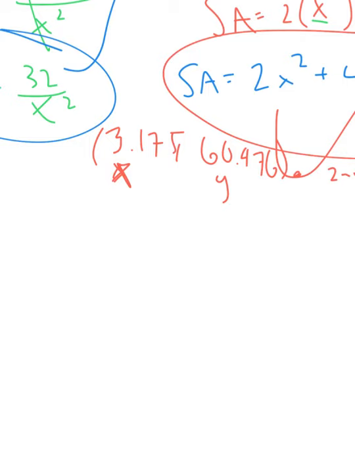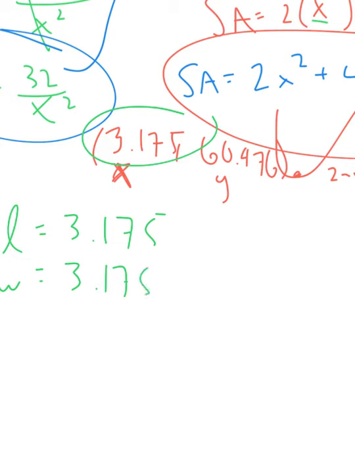Well, these are my length and width, so I can say length 3.175, width 3.175. We said height is equal to 32 divided by x squared, which would be 3.175 squared, which would equal, let me just do it in a calculator real quick. 32 over 3.175 squared.